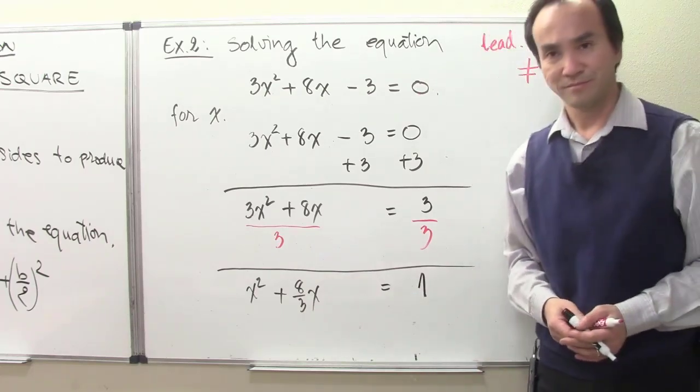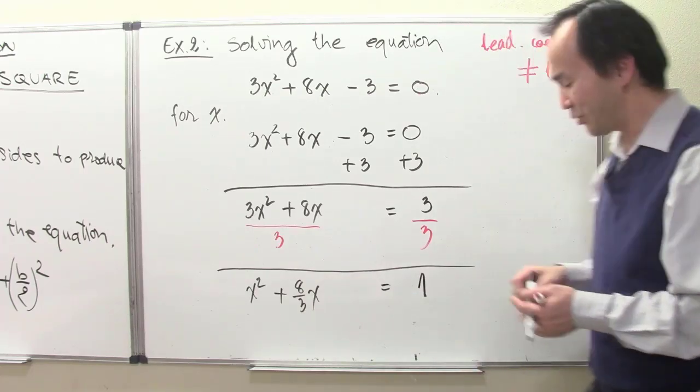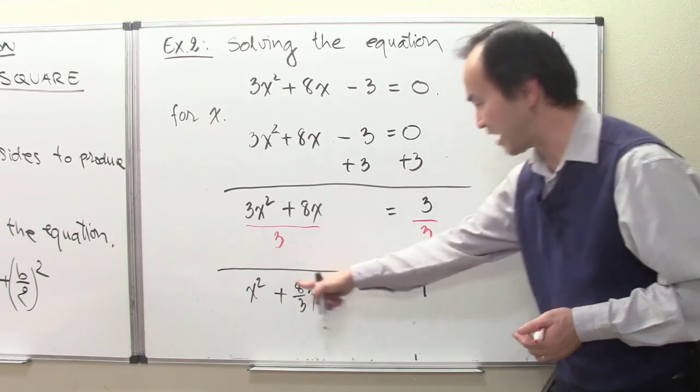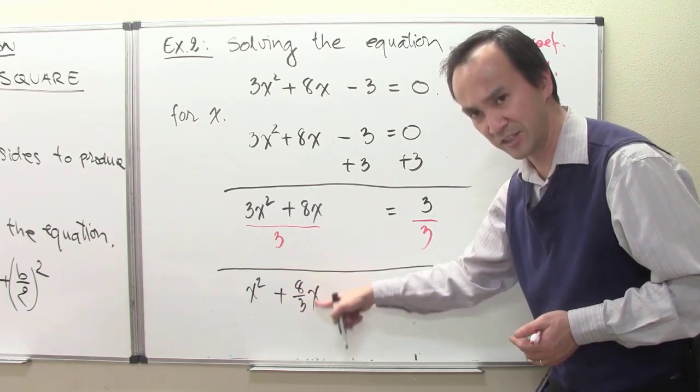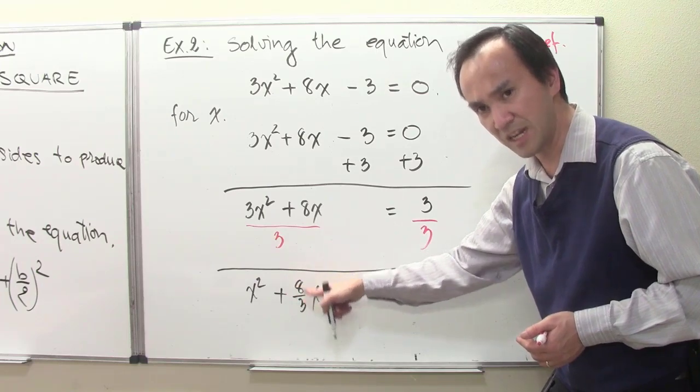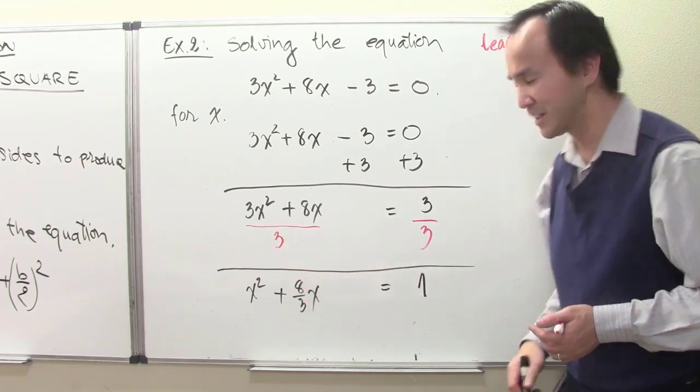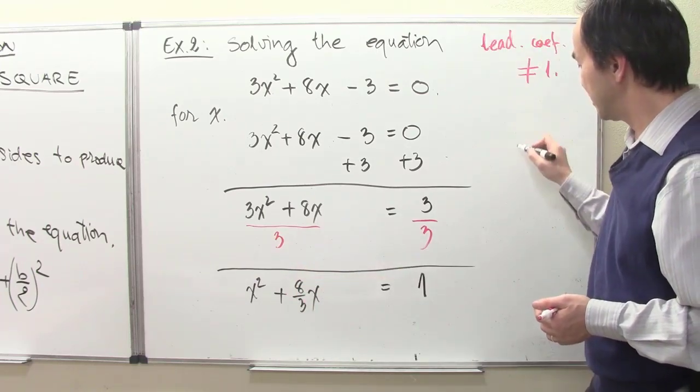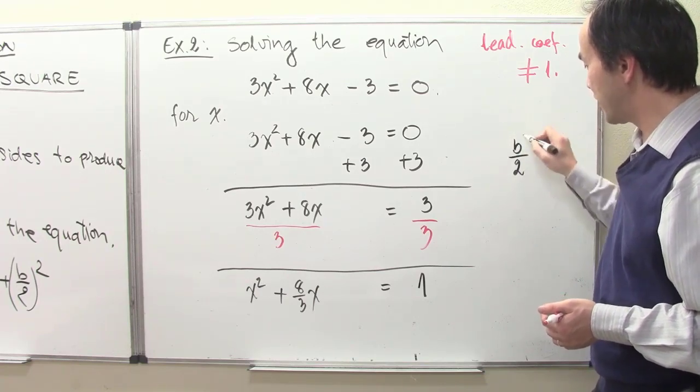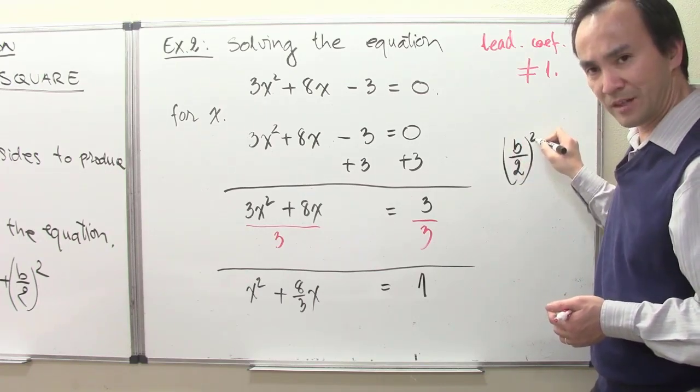Now let's do a quick little scratch work. This is our b now, the b that's really ready for the complete the square method. So the magic number is b over 2 squared.